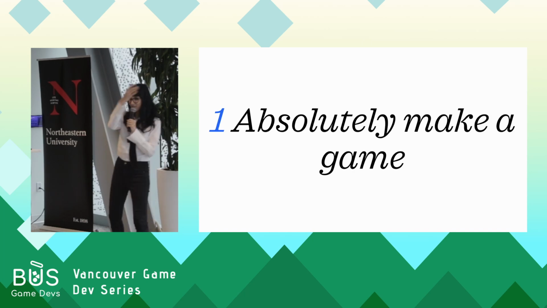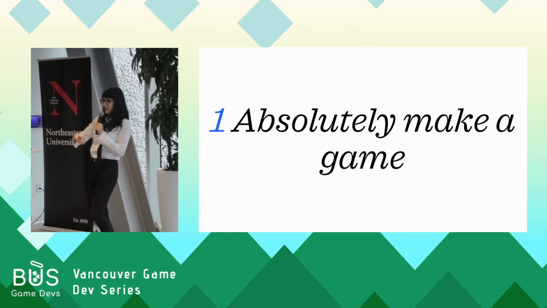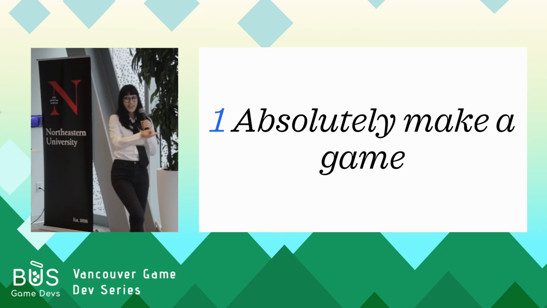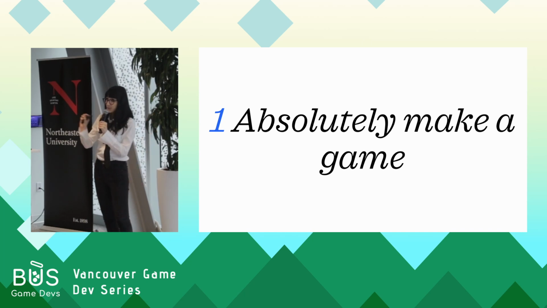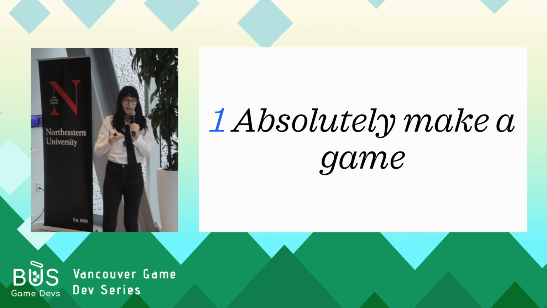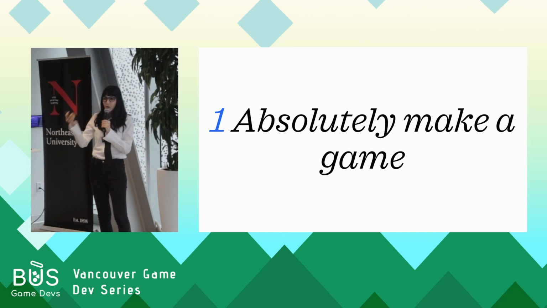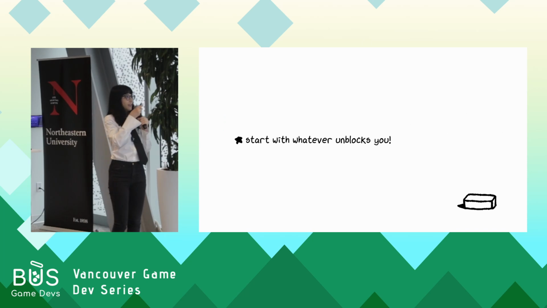So the first thing that you need to do if you're making your own game engine: absolutely make a game. Sometimes people don't want to make a game, they are more interested in the engine. But everyone who's using your engine will make a game. And I do think that the best tools are the ones that you also use yourself, so you know exactly what to do, because you just want to start with whatever unlocks you.